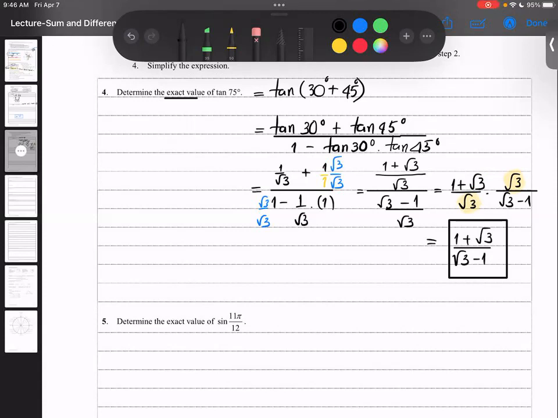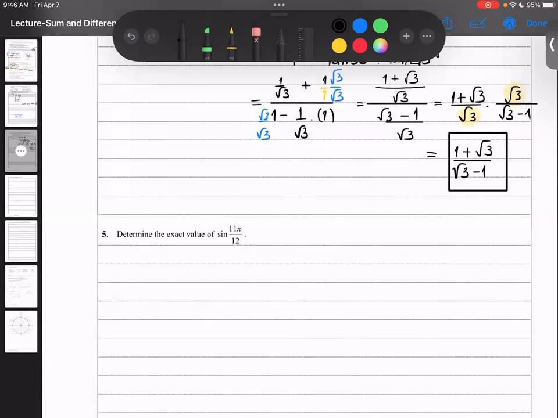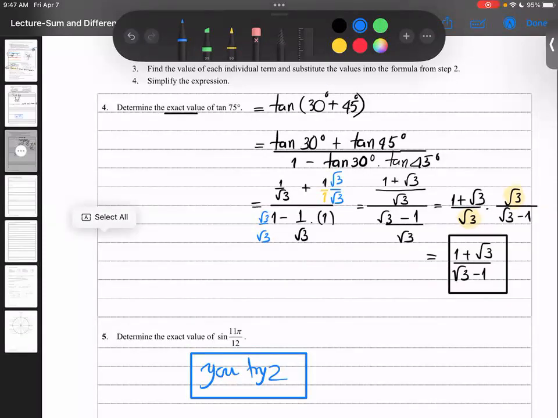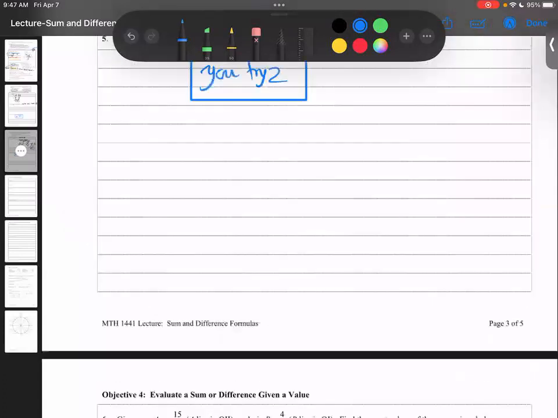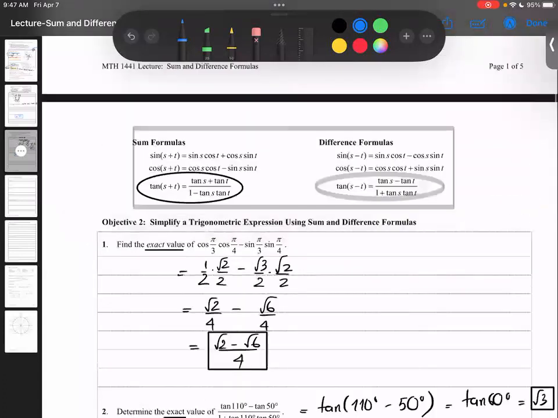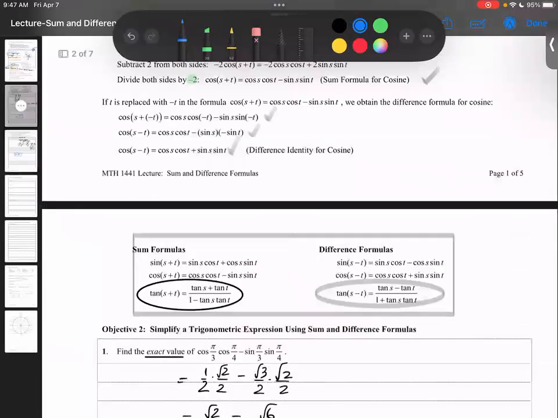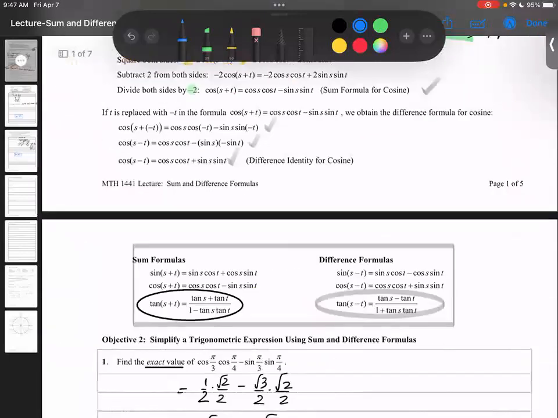Number 5 is your you-try 2. Exactly the same thing that we did in number 4. Right, so let's recap. We constructed the formula.